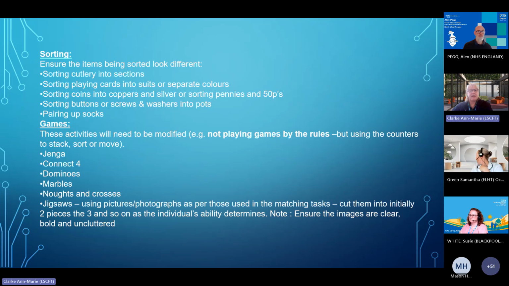Again, we're not necessarily expecting them to play by the rules, but it's about what they do with that. Do they initiate doing something, even if it's just stacking, sorting them, moving into piles? Are they engaging with the task in the first place? Looking at jigsaws, that could be of family members and people like that, but just setting off with very basic things at maybe 2 or 3 pieces.